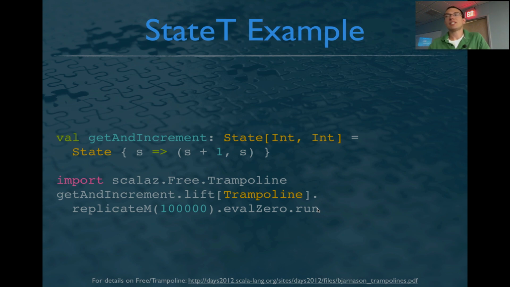Completely unrelated to state, but I have an application that I was working on that's using iteratees, which some of you may be familiar with. Iteratee has a monad transformer, IterateeT, and I was just using iteratees to generate a stream of, let's say, strings.